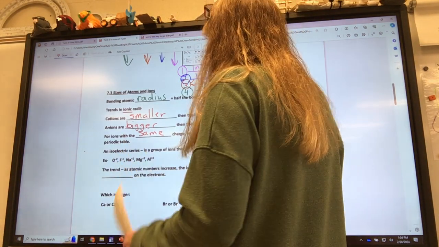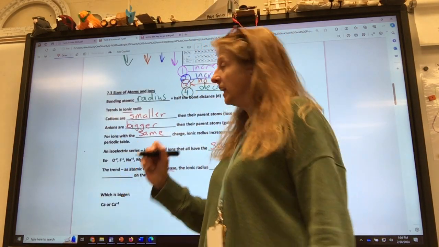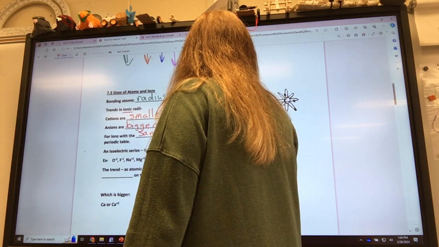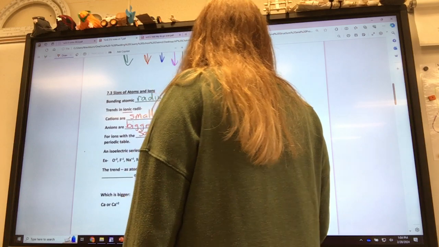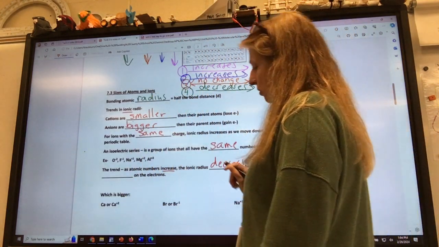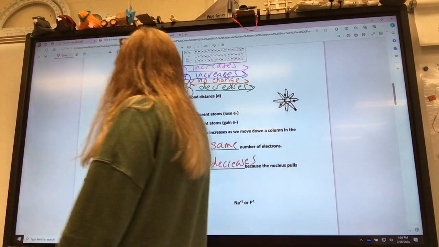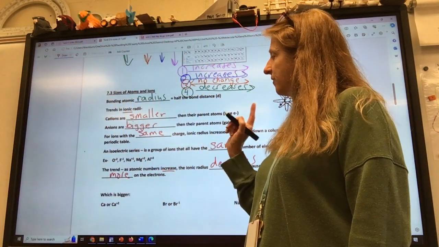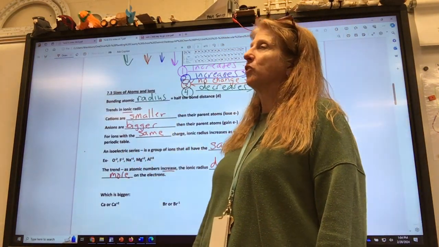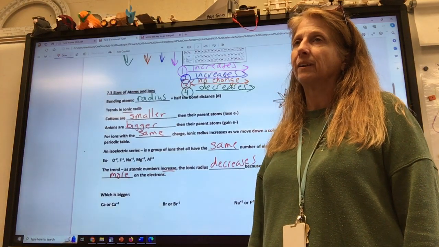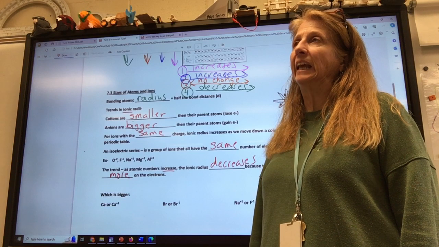So this is the trend. As atomic numbers increase, the ion radius, and this is shocking, decreases. And the reason why is the nucleus pulls more on the electrons. So what's different about these is not the number of electrons, it's how many protons it has. Who has the least protons?